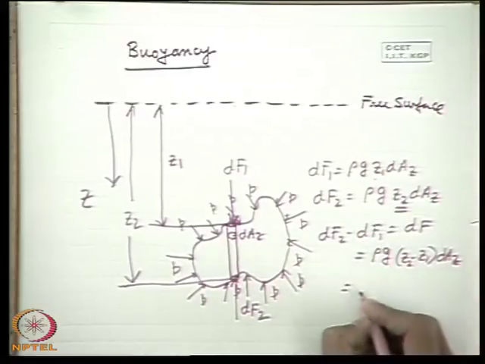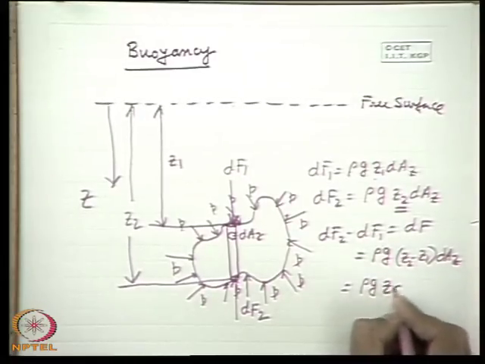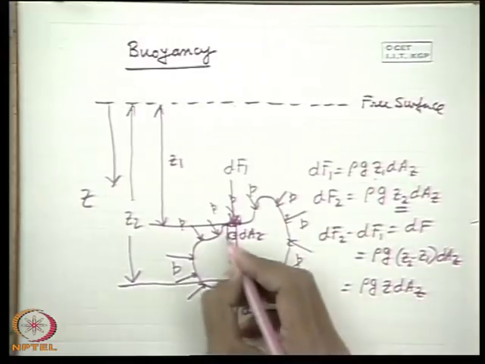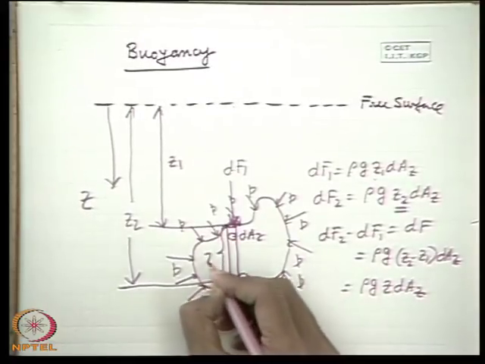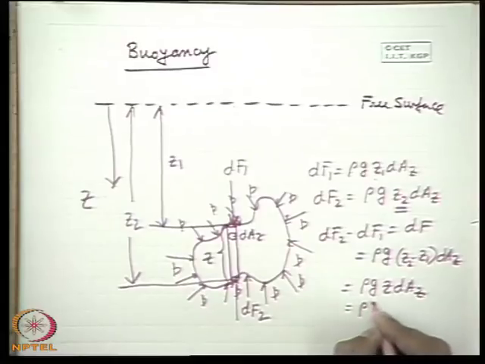Now this becomes equal to rho g Z dAz, where Z is the height of the prismatic liquid. That means this is simply rho g dV.